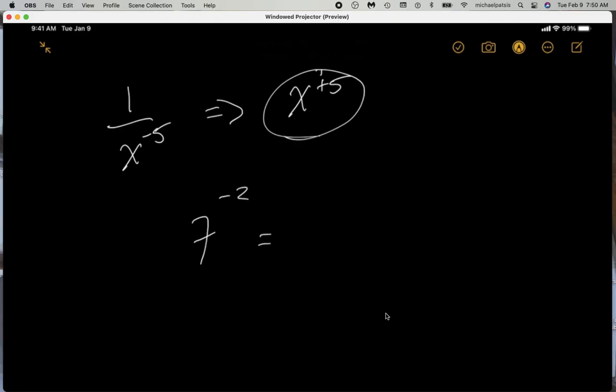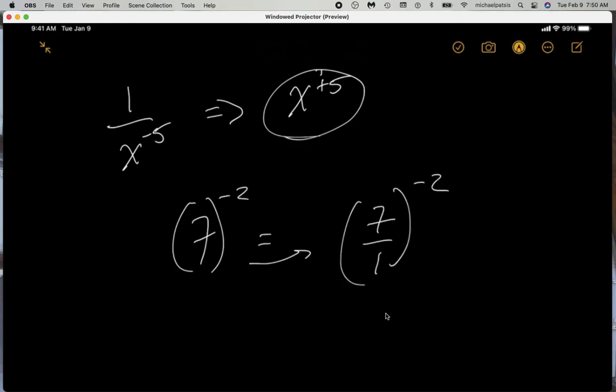Okay, this situation. You have 7 to the -2. Okay, you can put a parenthesis around this. Change this to 7 over 1 to the -2. What do we do when we have a power situation? Because these both have exponents and you have a negative exponent on the outside. We take the reciprocal. So 7 over 1 becomes 1 over 7.